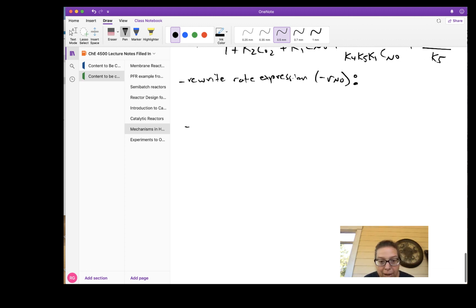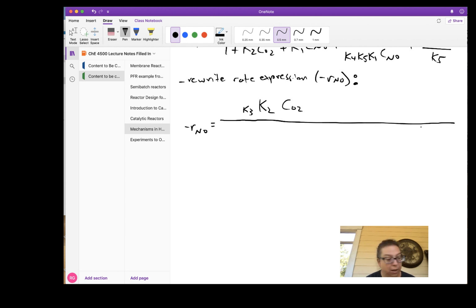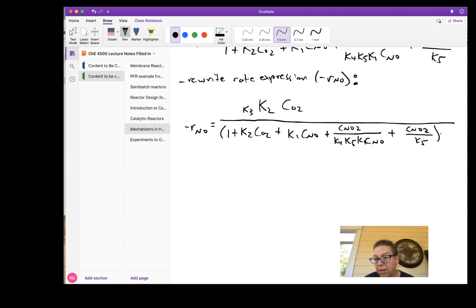And when I do that, I get minus R NO is equal to the k3 lowercase times K2 uppercase CO2 divided by 1 plus K2CO2 plus K1CNO plus CNO2 divided by K4, K5, K1 CNO plus CNO2 divided by K5, all squared.